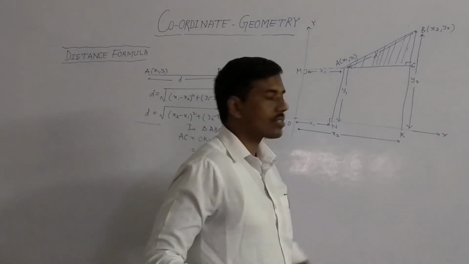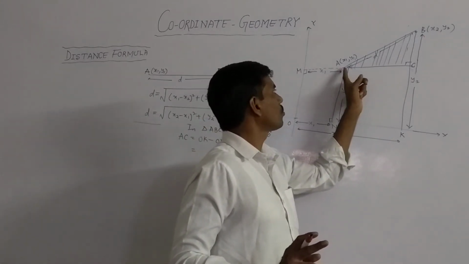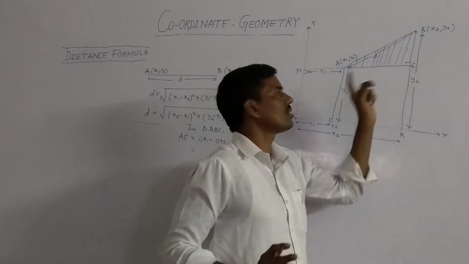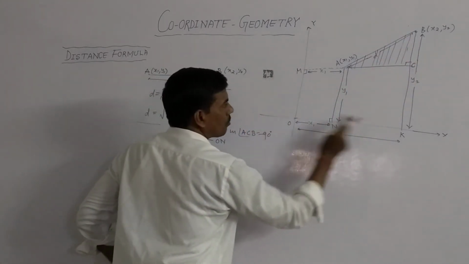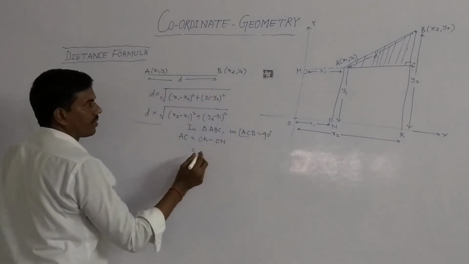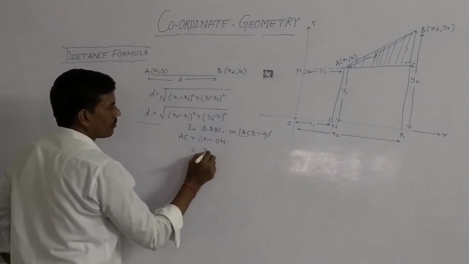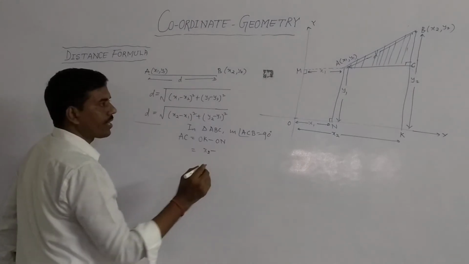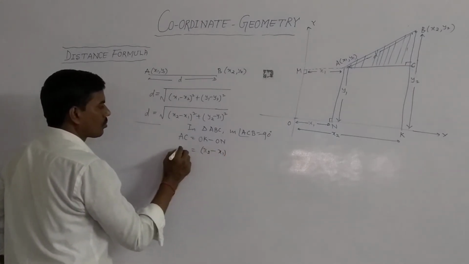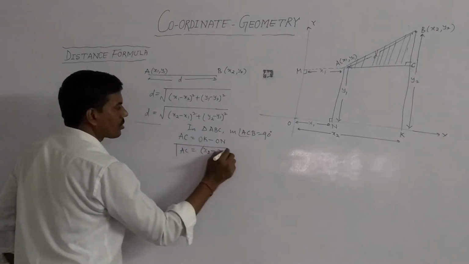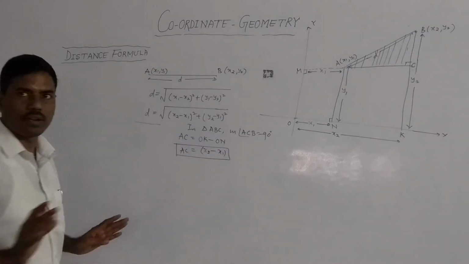And next, we have to find these 2 sides AC and BC. So first, AC is equal to OK minus ON. OK is x2 and ON is x1. So AC is equal to x2 minus x1.